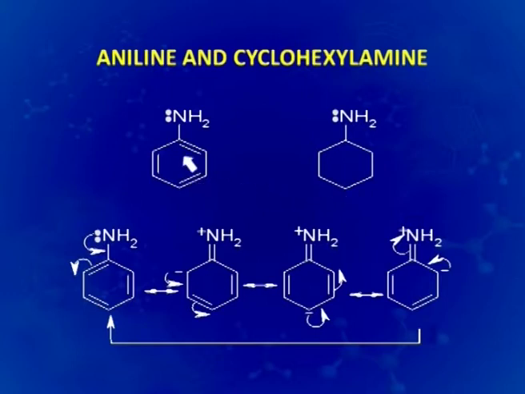Here you can observe that aniline has a lone pair on the nitrogen of the amine group which is participating in the delocalization of the electrons. The lone pair moves inside, as a result the bond in the benzene molecule moves to the next one, and so forth.